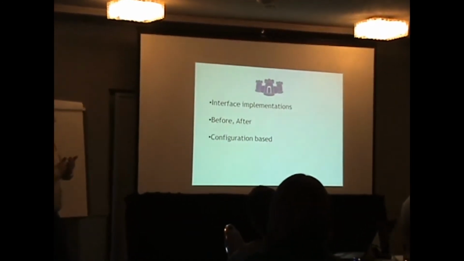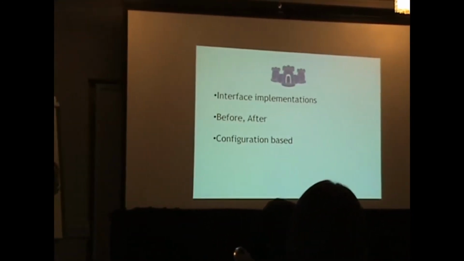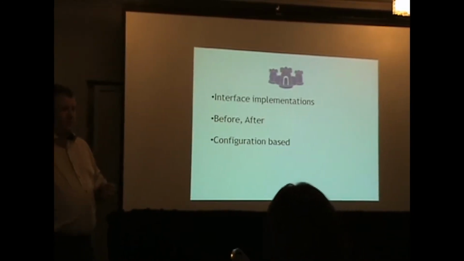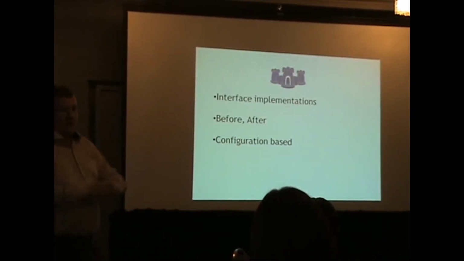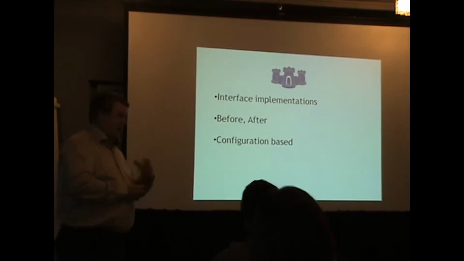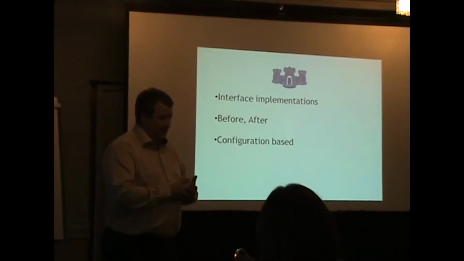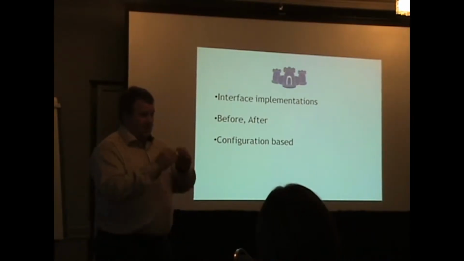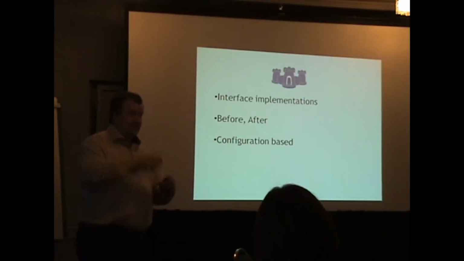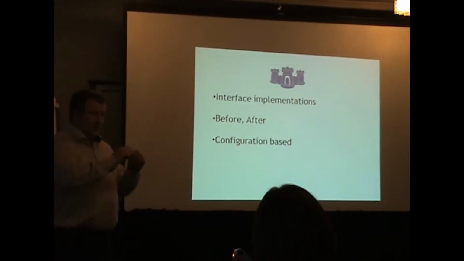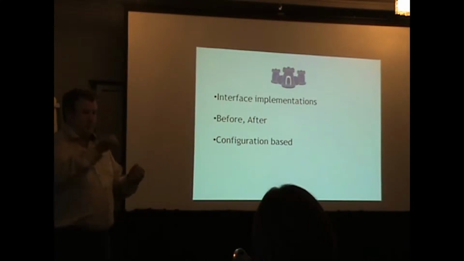So this is the Castle Windsor IoC container. You ask the container, hey, give me something of type ICustomerService. It gives you back a concrete object that you can work with. What you do is you use what they call an interceptor. You have a class that implements IInterceptor, and inside it you say invocation.Proceed.